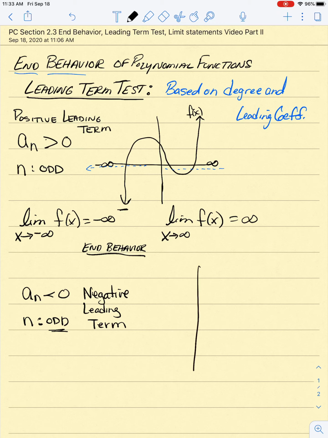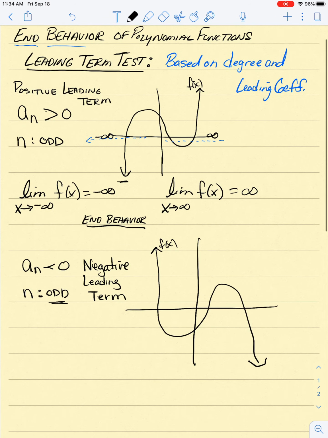Well, let's see, what might that look like? Well, if we're going to turn that around, so I'm negative odd, maybe something like that could be our f of x. Negative odd.